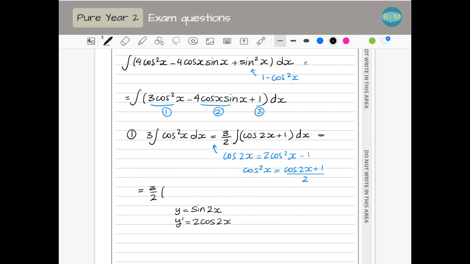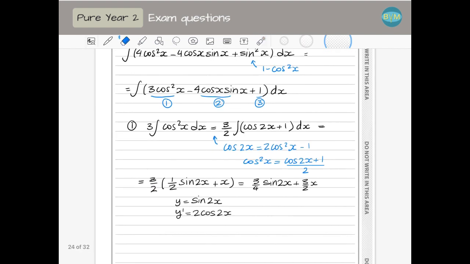So the integral of that is going to be 1/2 sine 2x, because when I derive this, I have 2 cos 2x, and the 2s are cancelled. And then this bit here is the integral of dx, which is x, so plus x. So this whole thing is 3/4 sine 2x plus 3/2 x. So this is this integral here, with the coefficient. I haven't missed it on my way.